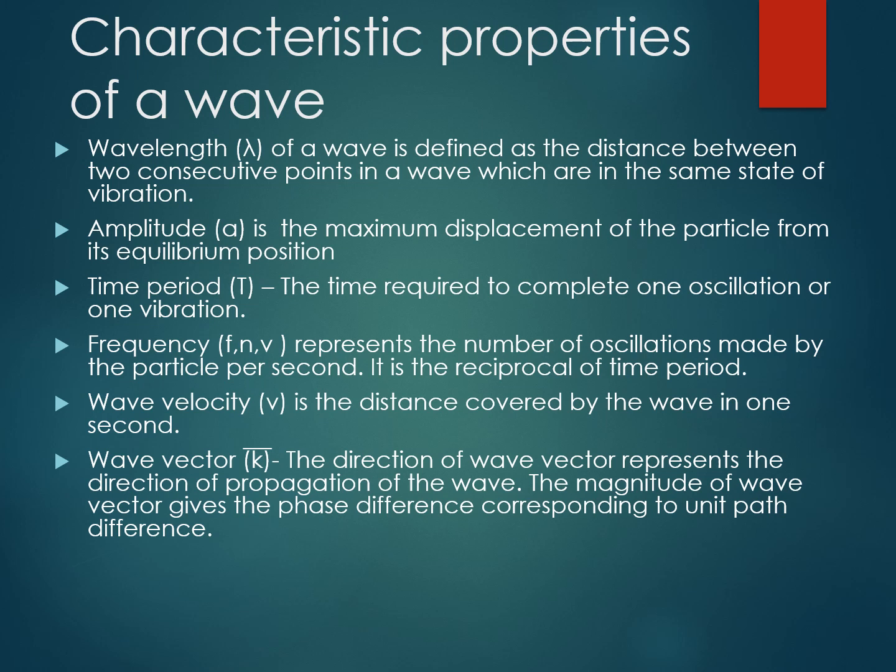Now this wave vector is a vector quantity, and it has got direction as well as magnitude. So we have to say what its direction denotes and what its magnitude means. The direction of wave vector represents the direction of propagation of the wave, whereas the magnitude of wave vector gives the phase difference corresponding to unit path difference. We will see it in the following slide.